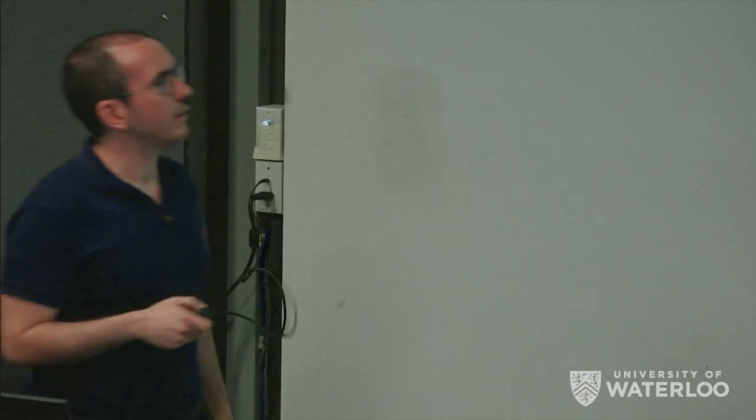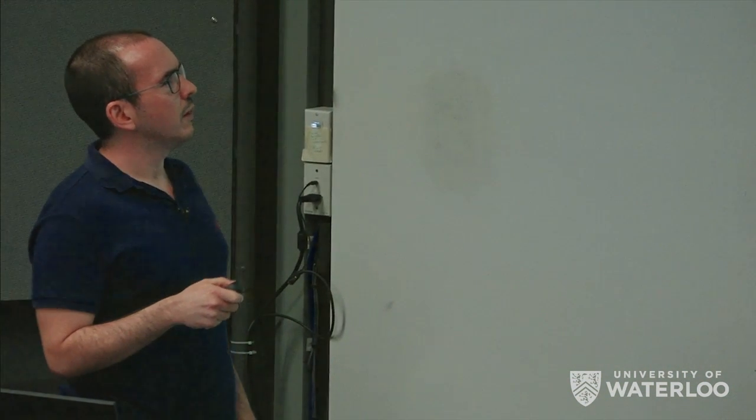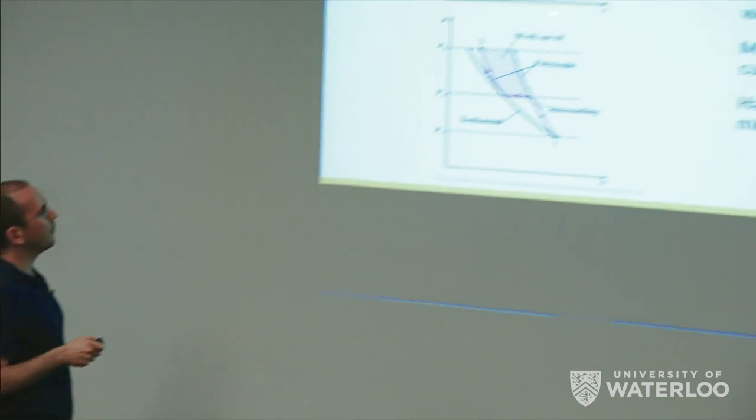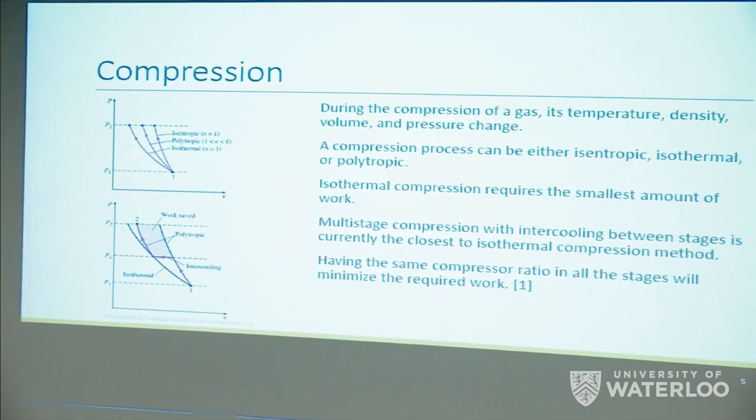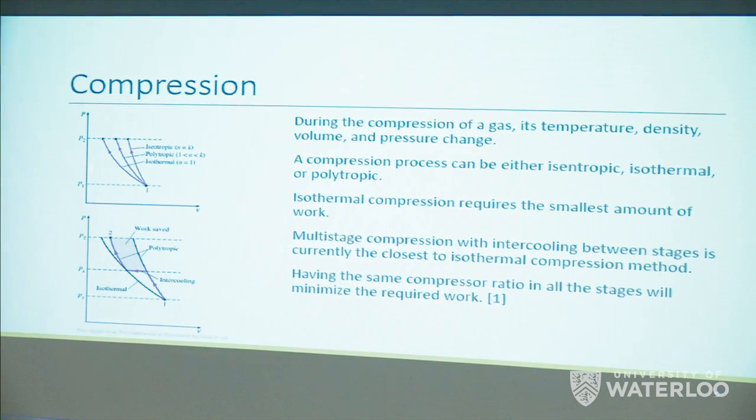Before I go to the next slide, I'm just going to tell you that in the PV diagram of the 3 compression methods, the area under the curve of each is the work input to the system.